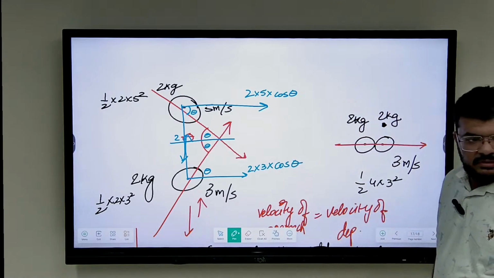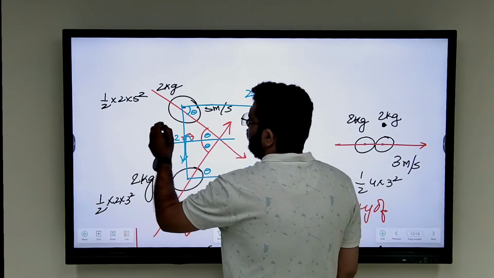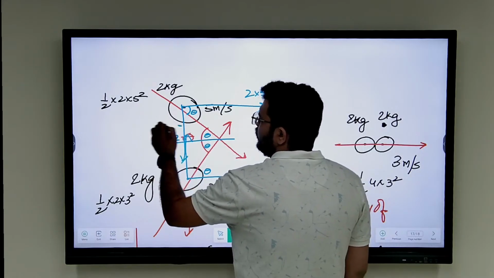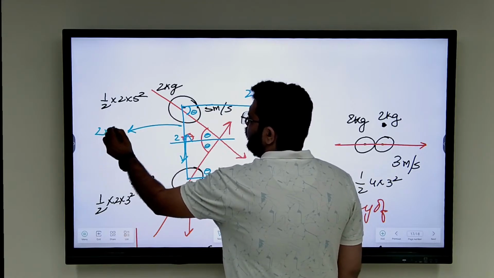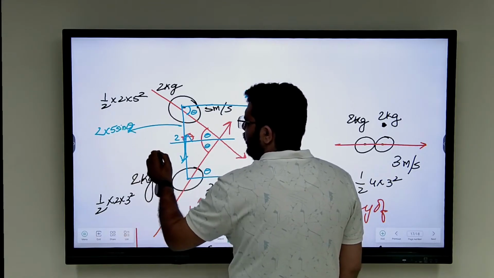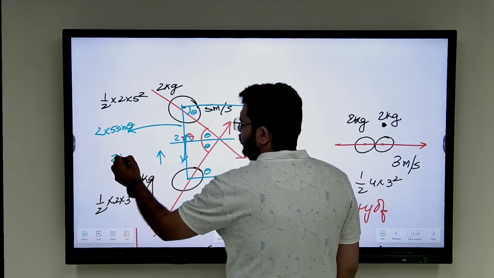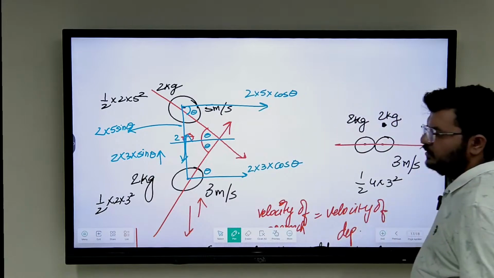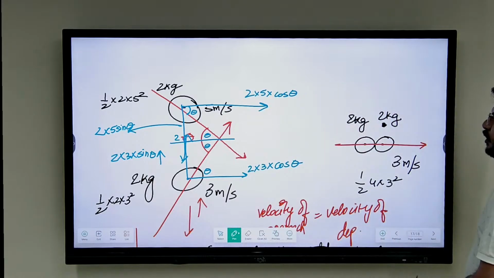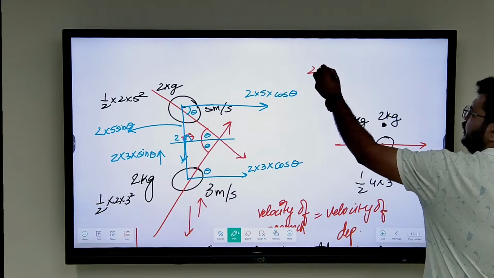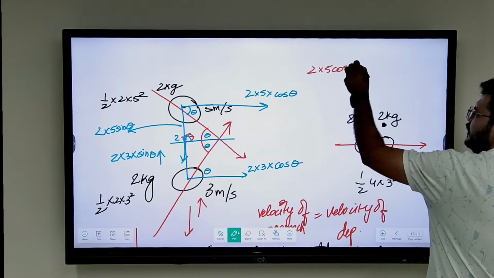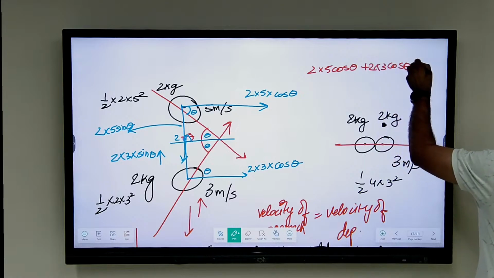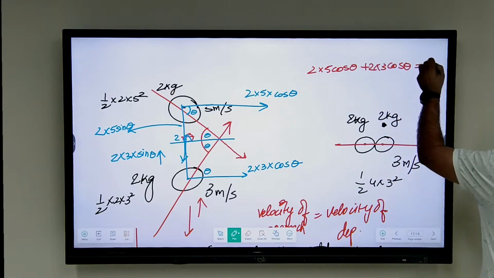One second, this will be 2 into 5 sin theta, and this upwards will be 2 into 3 into sin theta. Now what you should be able to write is that 2 into 5 cos theta plus 2 into 3 cos theta is equal to 4 into 3.